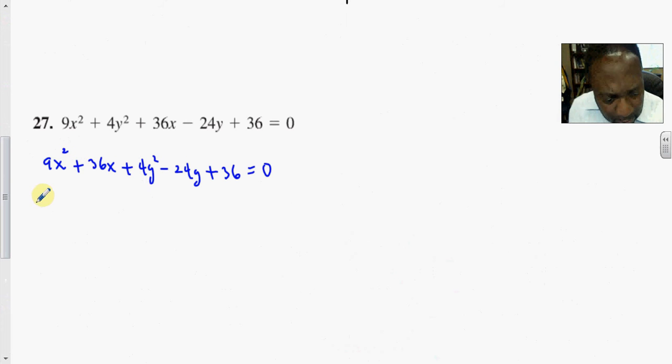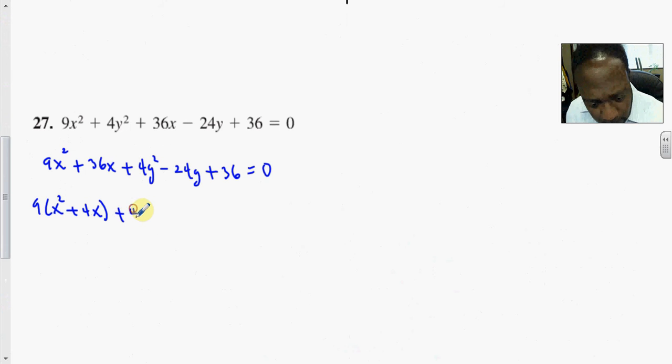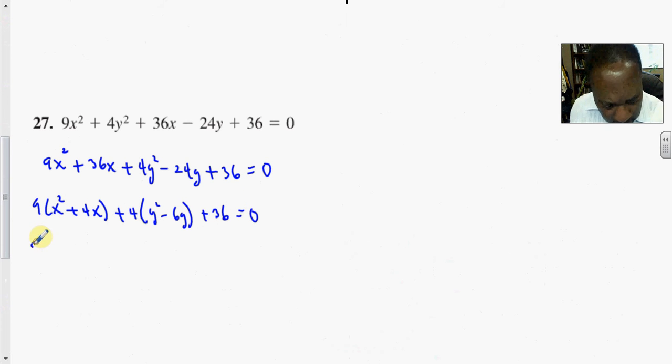So I'm going to factor out a 9 from the x terms. Factor out a 4 from the y terms. Complete the square on the x terms. Take half of 4, we get 2.